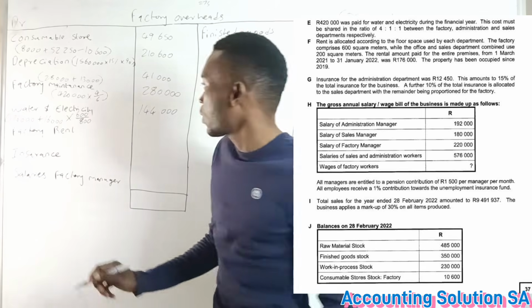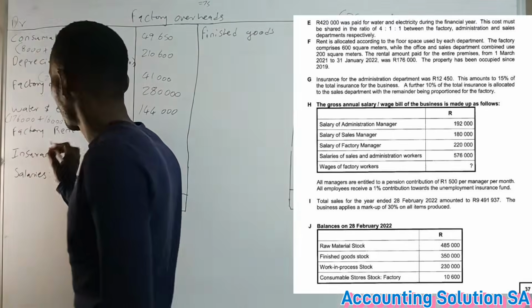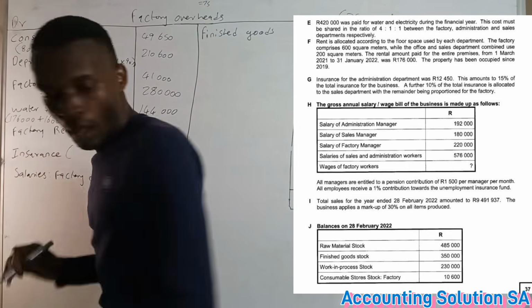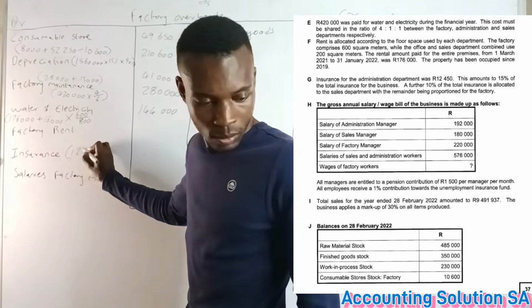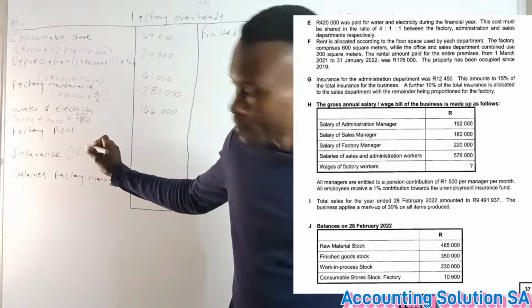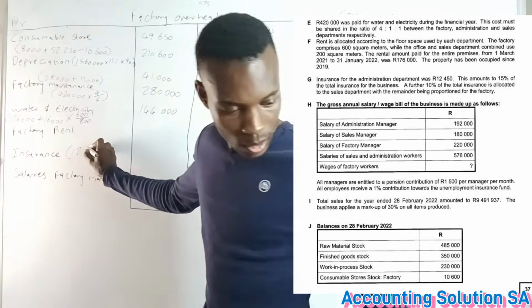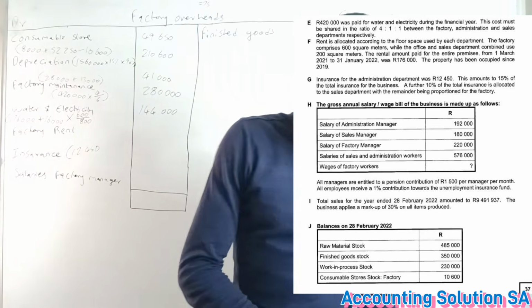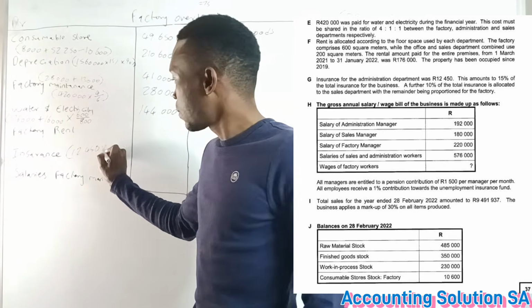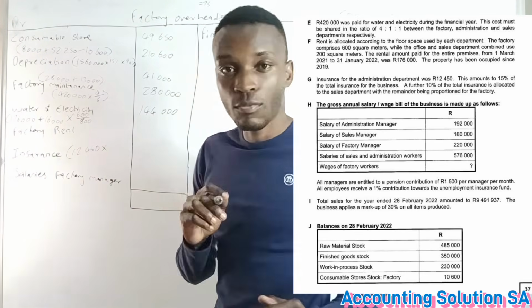We're going to say insurance amount is how much? It is 12,450. Okay, and we multiply by what we are looking for.